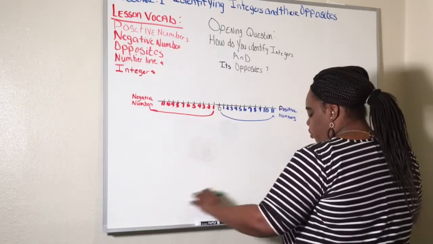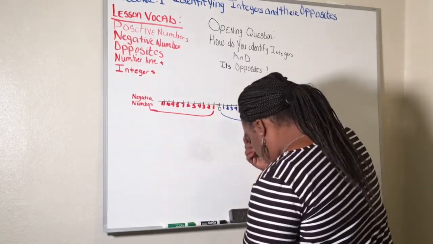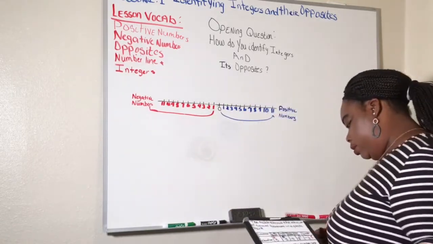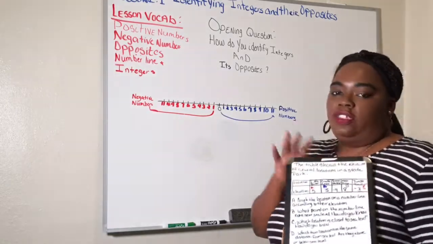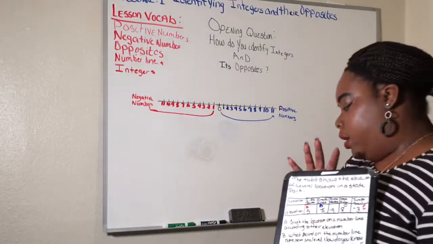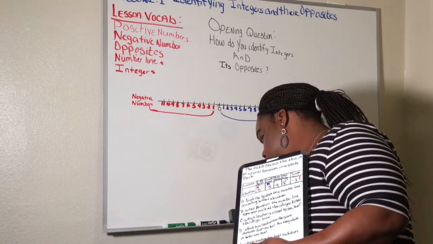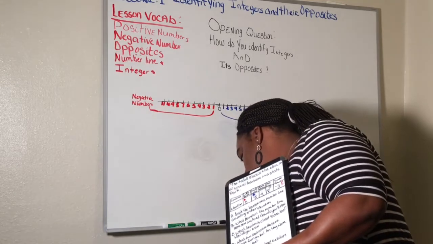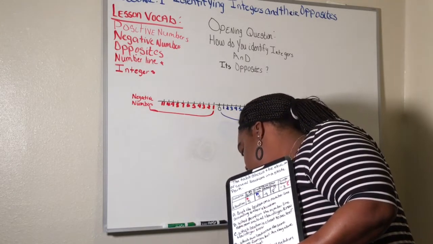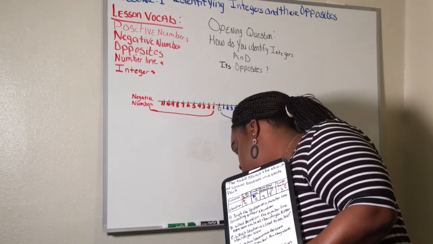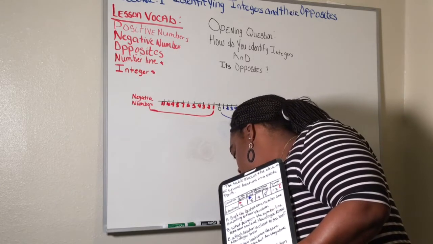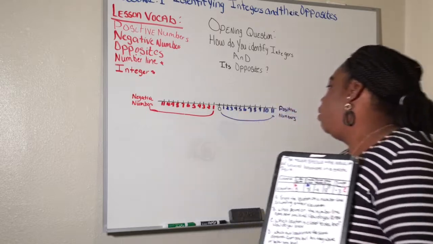Just for anyone that doesn't remember or didn't know how to plot on a number line, okay? Just to give you a little back history on our lesson here. The elevation of a location describes its height above or below sea level, which has an elevation of 0.